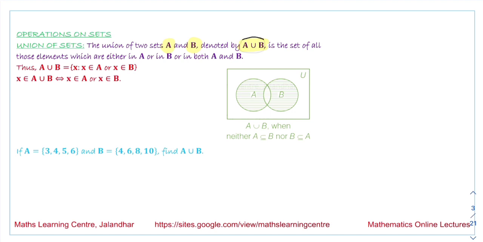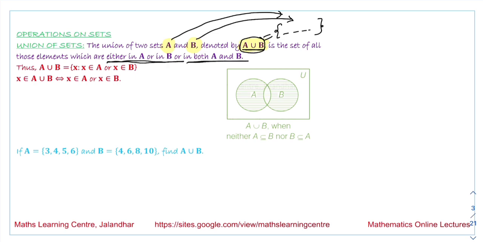This A union B contains all the elements of A and all the elements of B. So we are saying A union B is the set of all those elements which are either in A or in B or in both A and B. This is mentioned over here: A union B is equal to all those x, where x is a collection such that either x belongs to A or x belongs to B.